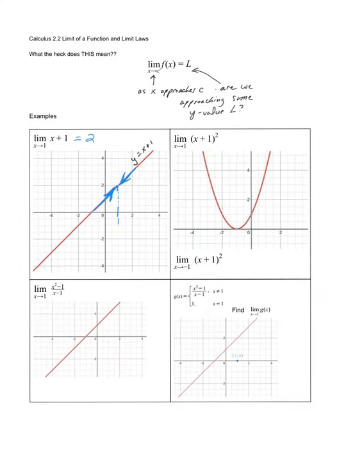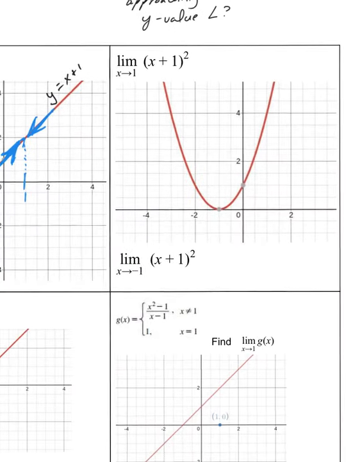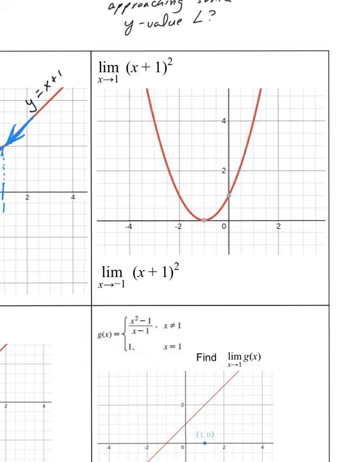So that's graphically what's happening in a limit. Here is a picture of y equals x plus 1 squared. You can see it's a parabola. And this is asking you to have x approach 1 again. It's not always going to say x approaches 1, it'll say x approaches other things. But in this case, it's x approaches 1.